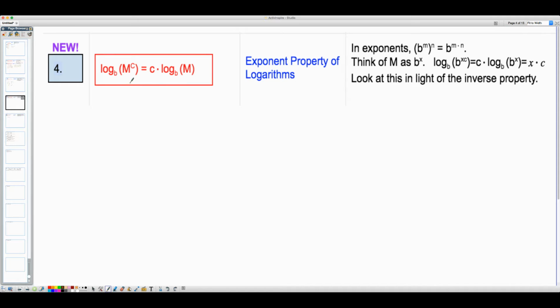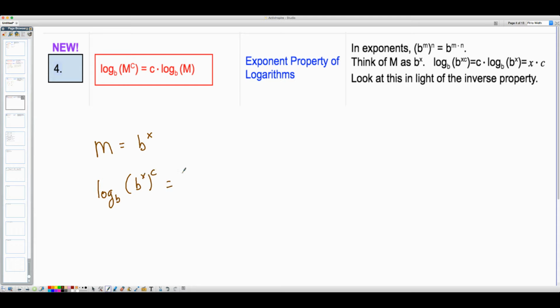Here we have the exponent properties of logarithms. Now, if you think of m as a number, say b to the x. So this is going to be my number, my base to a power is equal to the number. I could write the log of base b of b to the x raised to the c power.